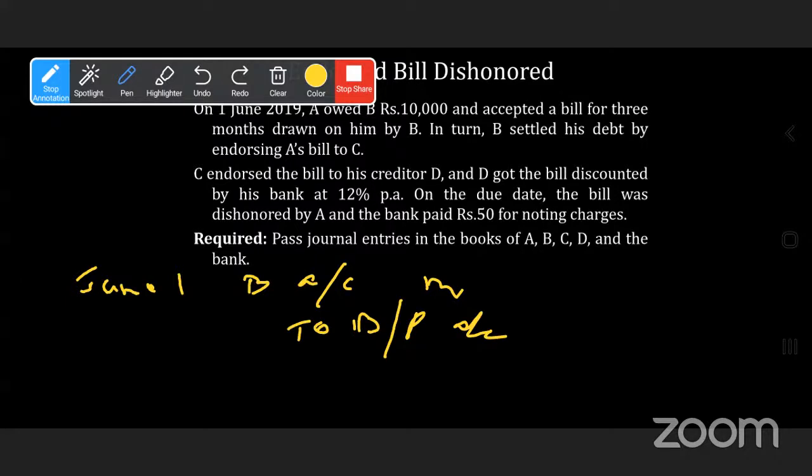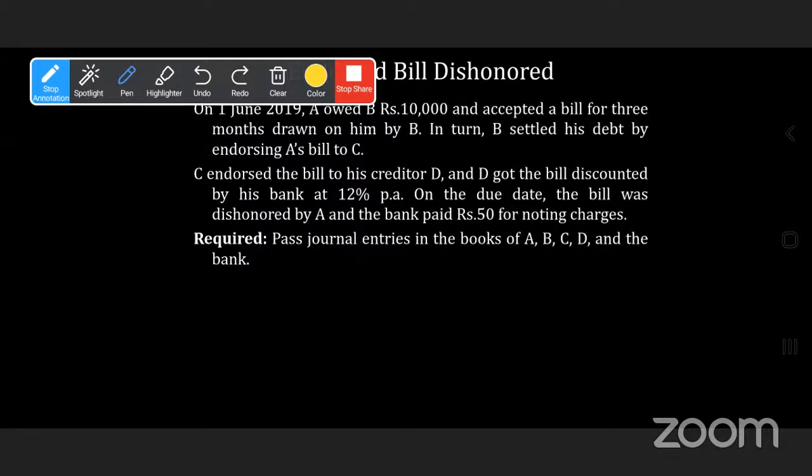Okay. Now let us see another transaction. On the due date, the bill was dishonored by A and the bank paid 50 for noting charges. Now you have to write this transaction. In between, many transactions were made. B has drawn a bill on A. In turn, B transferred the bill to C, C transferred the bill to D, and D has discounted that bill in bank.